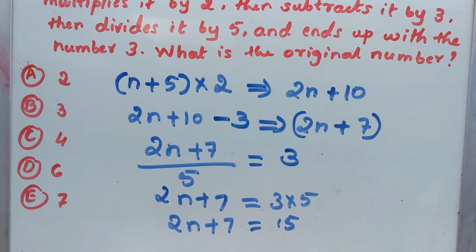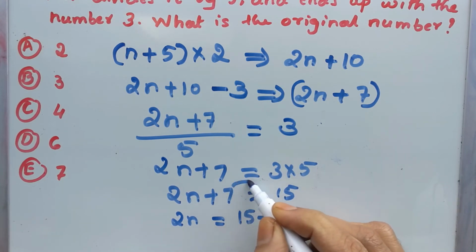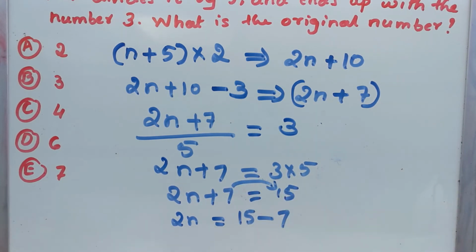So what is 2n? 2n is equal to 15 minus 7. Take this 7 to the right hand side. So addition becomes subtraction. 15 minus 7, what is 15 minus 7? 8.